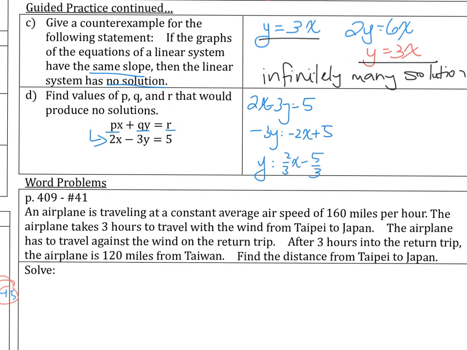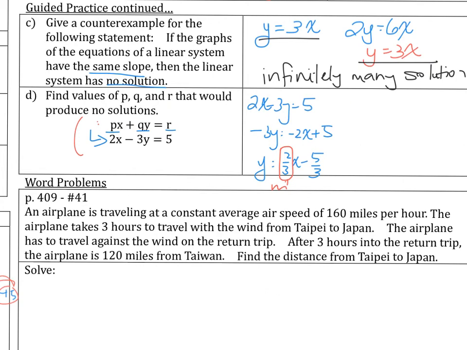So my slope for this second equation is 2/3. In order for this system to have no solution, the slope of the first equation also has to be 2/3.